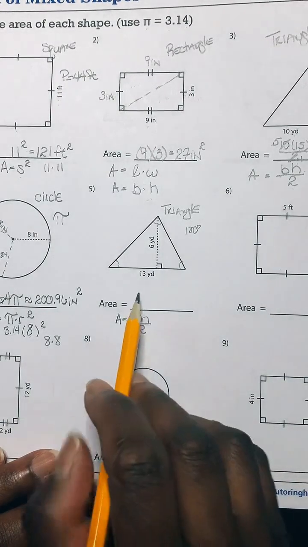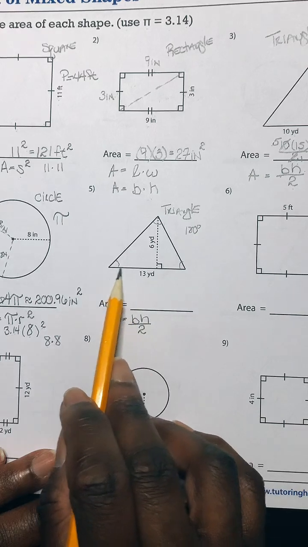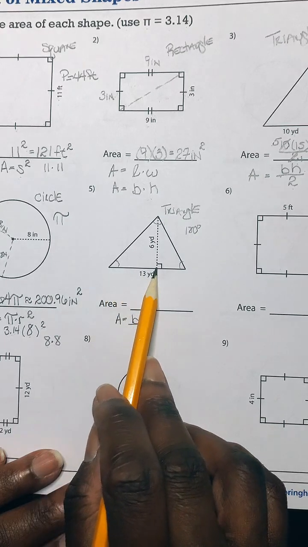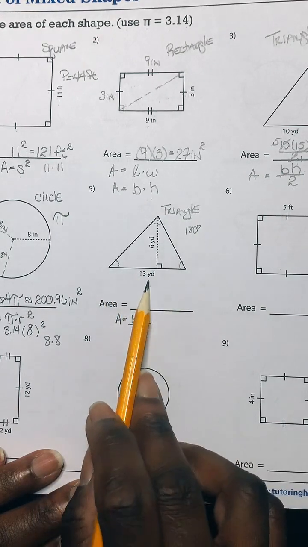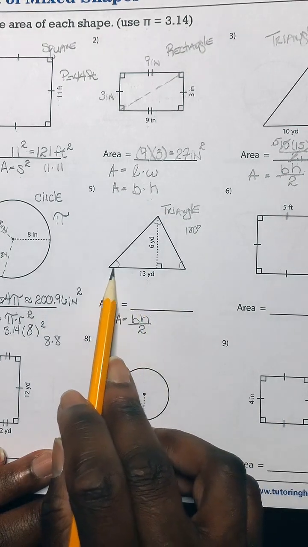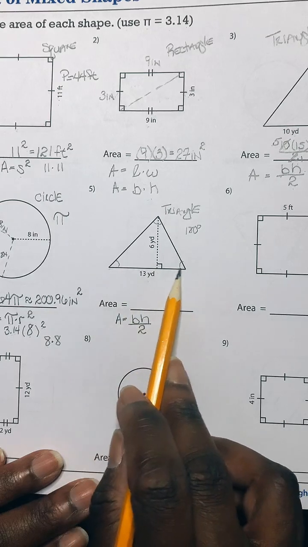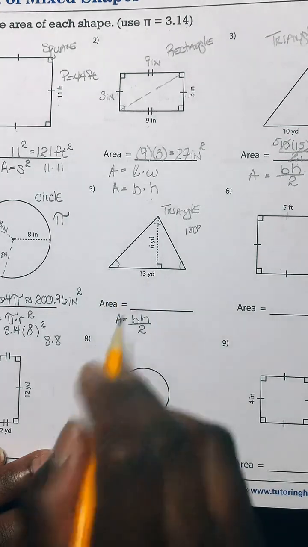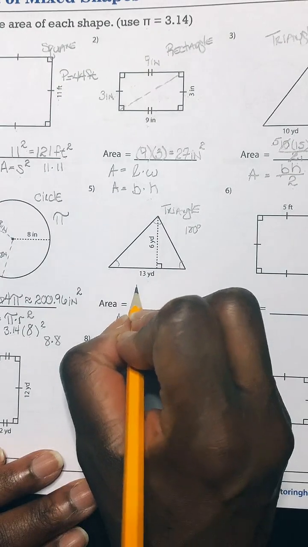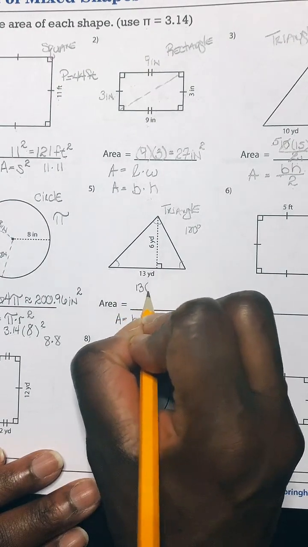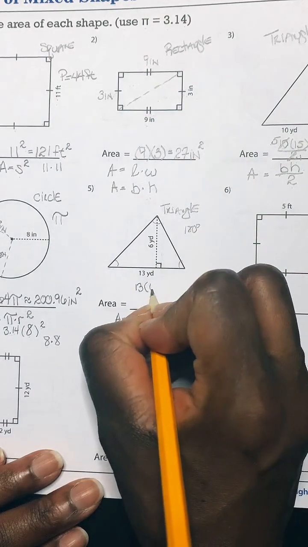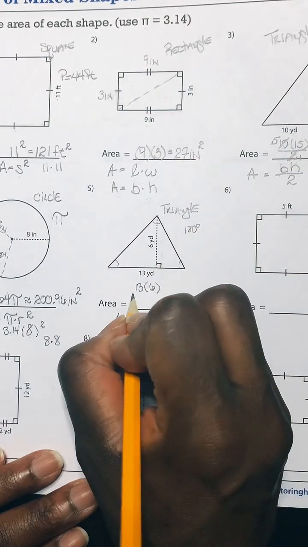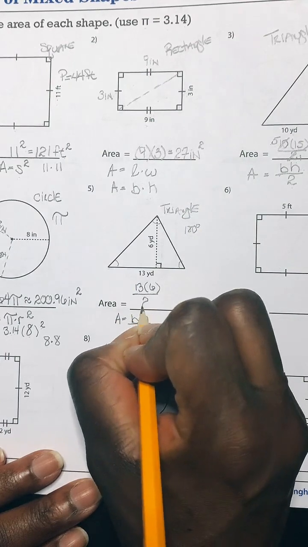Now, in most places they might give you a small amount from here to here. Some of them will give you the whole thing. For this one, this 13 yards is the whole entire base. So my base is 13. My height is 6. And we're going to divide that by 2.